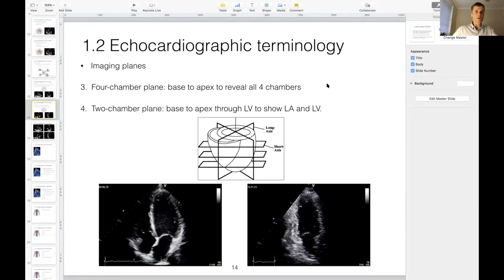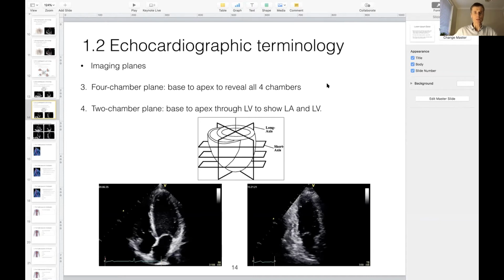And with a true 4-chamber view, you should also see the 2 atrioventricular valves, both their medial and lateral aspects. So the AV valves, of course, the atrioventricular valves, they are the mitral and tricuspid valves. You should see those both clearly in the 4-chamber plane.